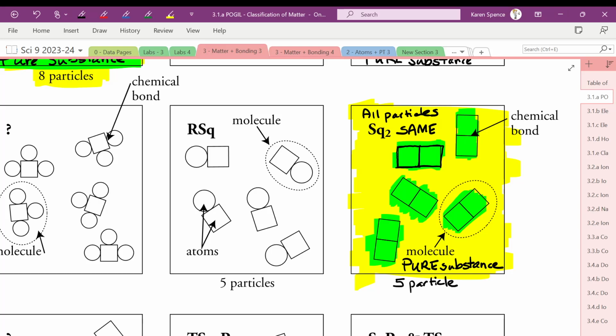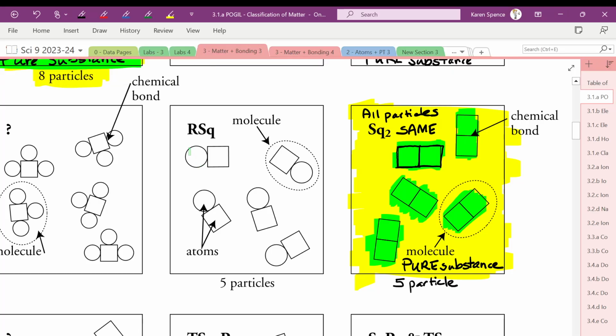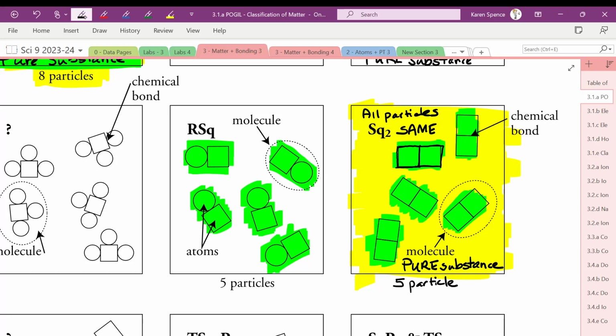Yeah, well, let's see. In our SQ, we have a little circle and a square. And the second particle is also a circle and a square. And then we also have a circle and a square. And guess what? Another circle and a square and a circle and a square. All the particles are the same.